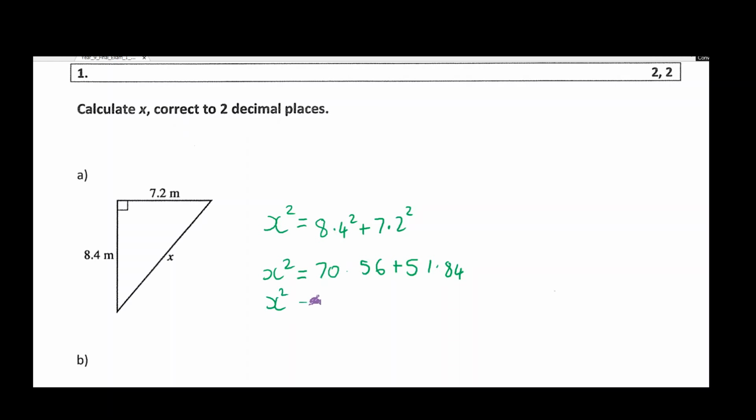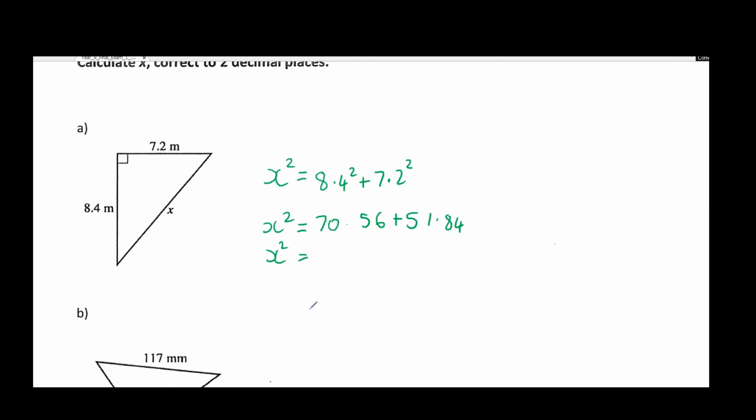X squared equals 70.56 plus 51.84, which is 122.4. X equals the square root of 122.4.